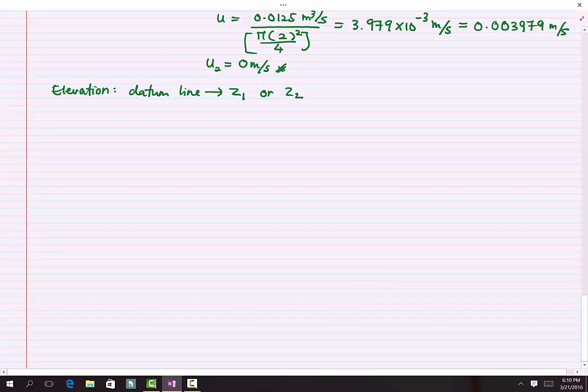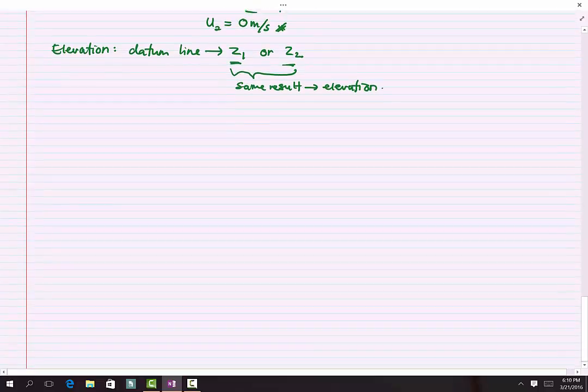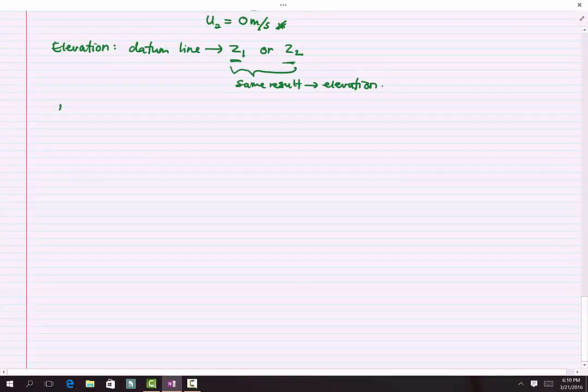But you don't have to worry, because if you select Z1 as your datum line or Z2 as your datum line, both of them will give the same result in terms of elevation. So let's say I chose Z1 as the datum line.